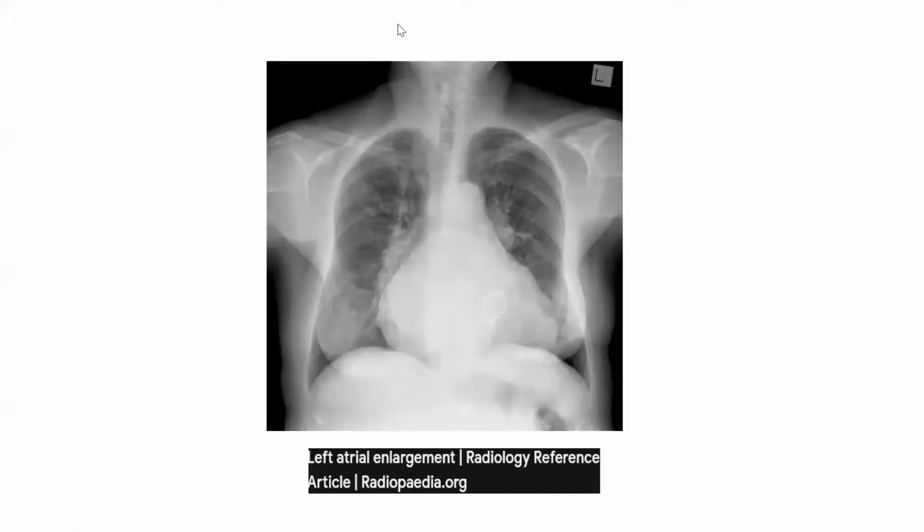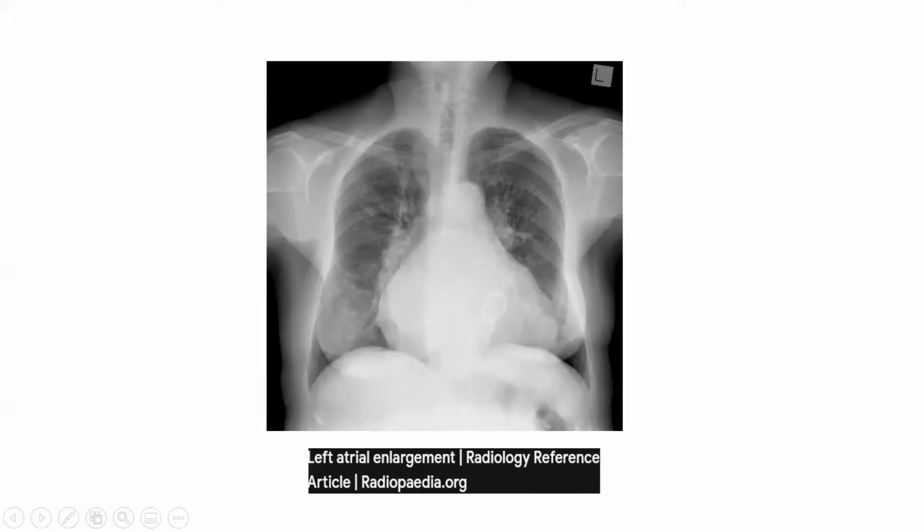If I ask you, what do you think about the cardiac border? It's dilated. And these are breast shadows. Okay. But do you think that the heart is big? Double borders. Yes, thank you so much. So there is a double border.